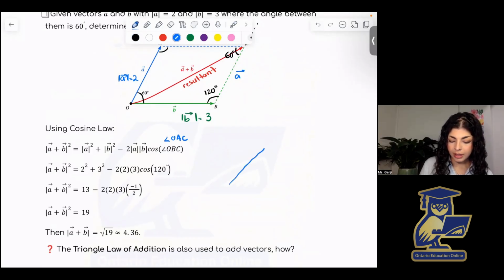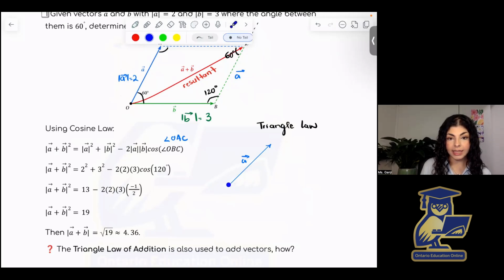So in the triangle law, I'm just going to show you here. We start with vector A, and now vector B, instead of starting with the same tail as A, is going to start from the head.